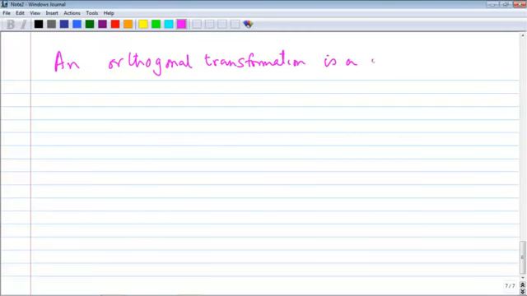So the result is that an orthogonal transformation is a rigid body transformation.